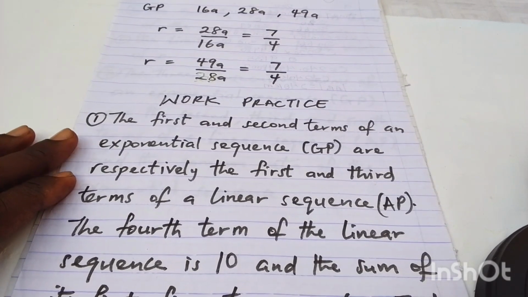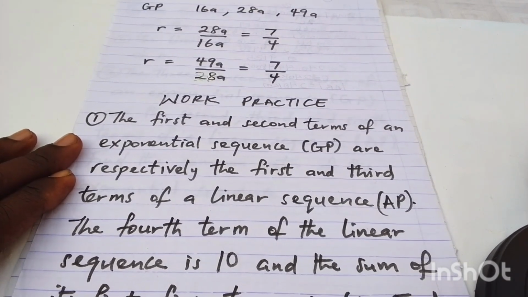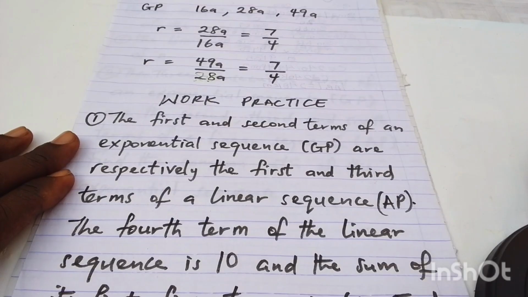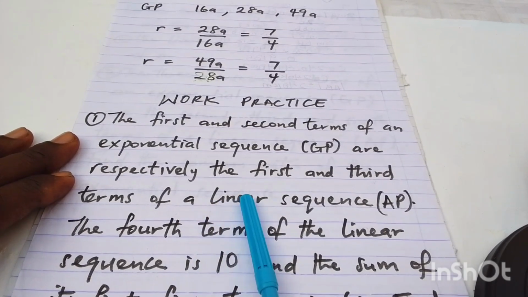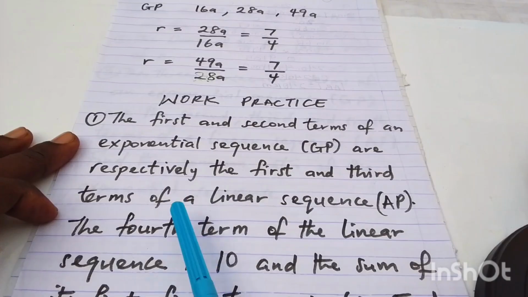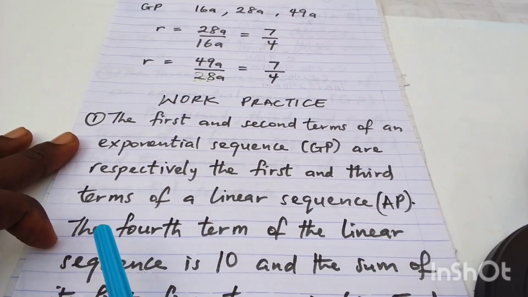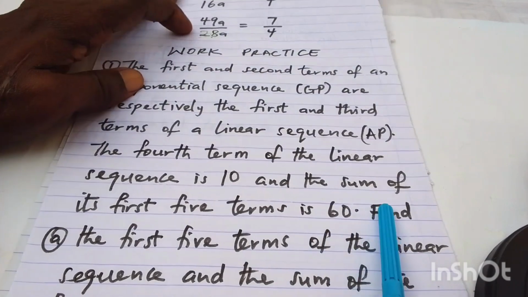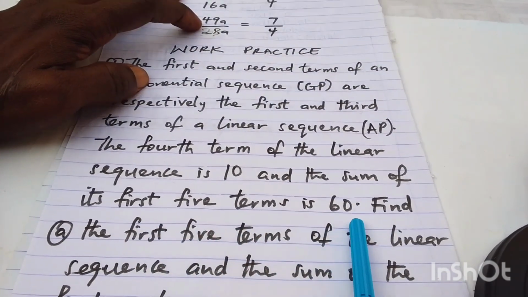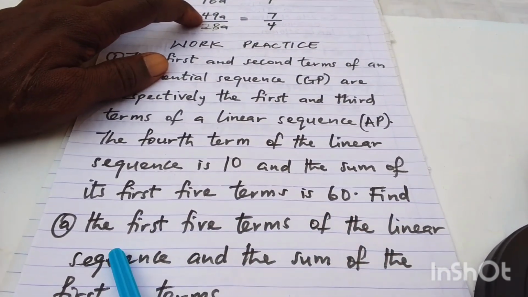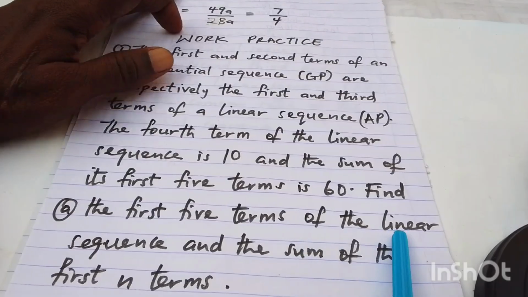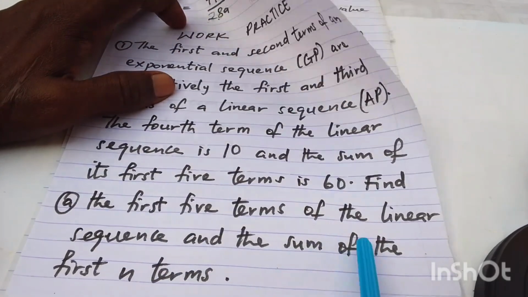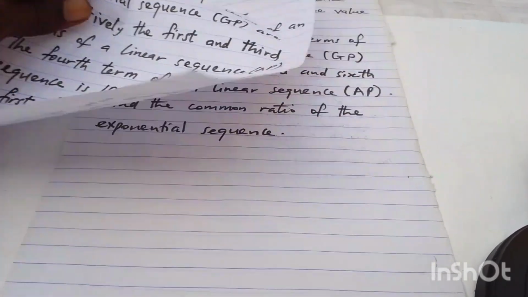Now let's look at the work practice. Number 1, the first and the second terms of an exponential sequence, GP, are respectively the first and third terms of a linear sequence. The fourth term of the linear sequence is 10, and the sum of the first 5 terms is 60. Find A, the first 5 terms of the linear sequence, and the sum of the first n terms.